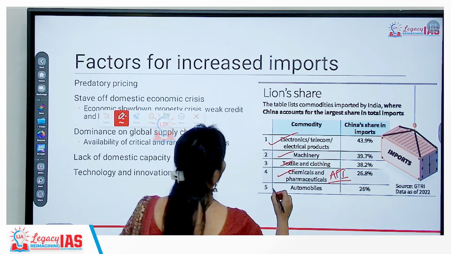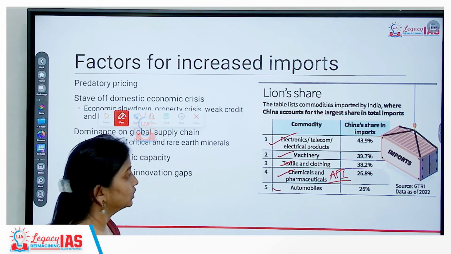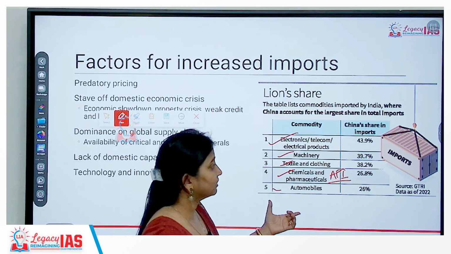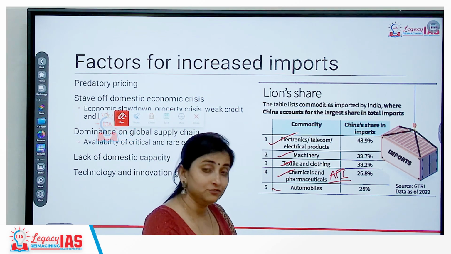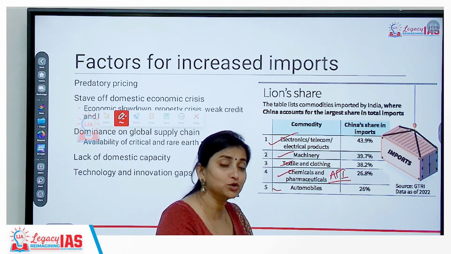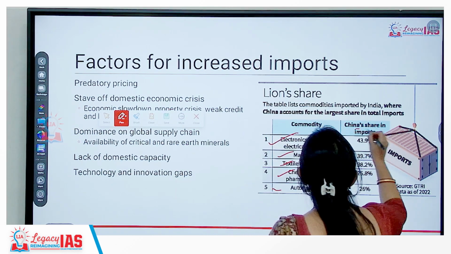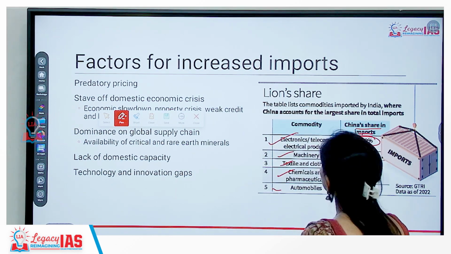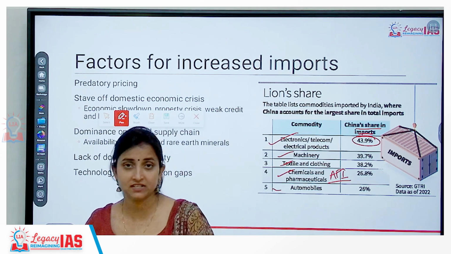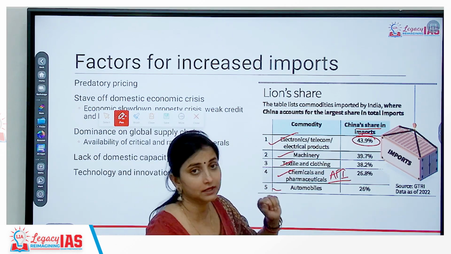Okay? Automobiles we are importing from China. These are those sectors in which India is witnessing maximum amount of import from only Chinese goods. Okay? China's share in imports is approximately 44%, close to 50% in electronics, telecom and electrical products.